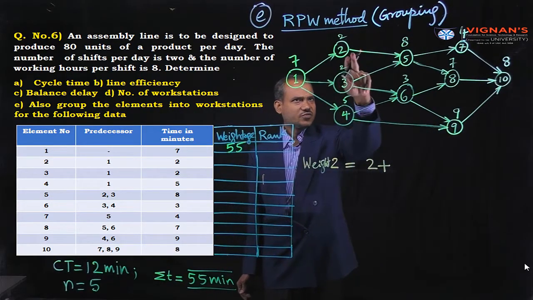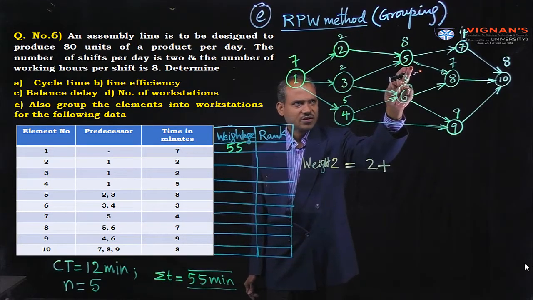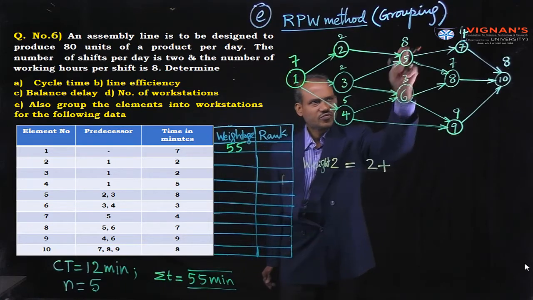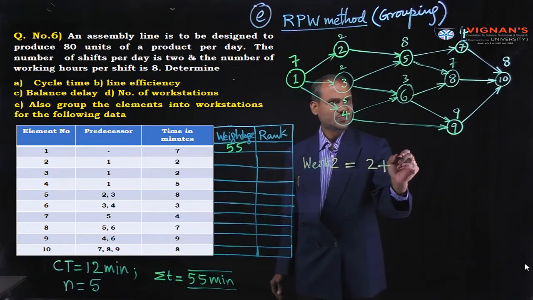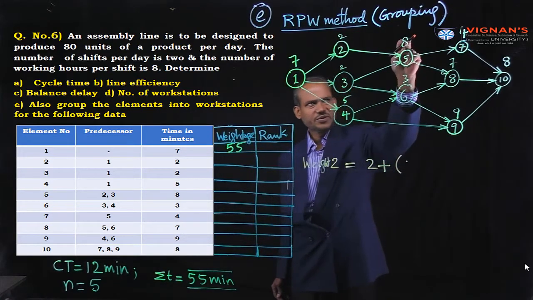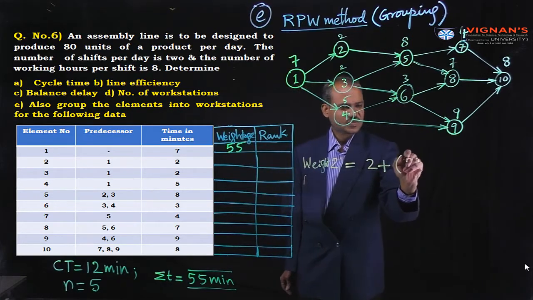For element number 2, the follower element is 5. 5 is the successor, and its timing is 8.